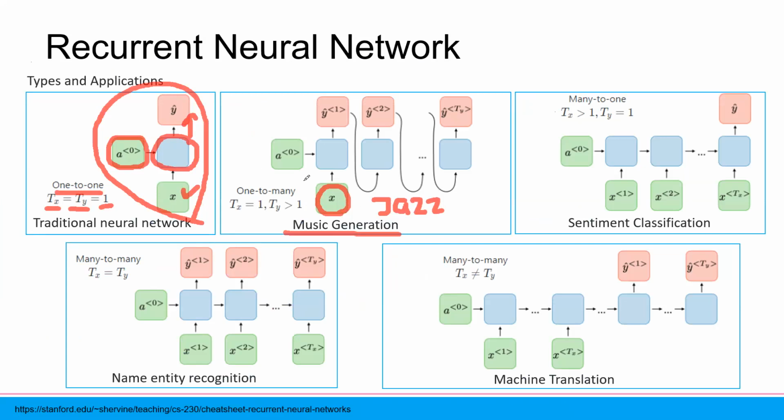Then this layer will learn something to give some bits of the melody. So maybe this is the first melody, this is the second melody, this is the third melody. So this kind of music generation, we can use RNN.